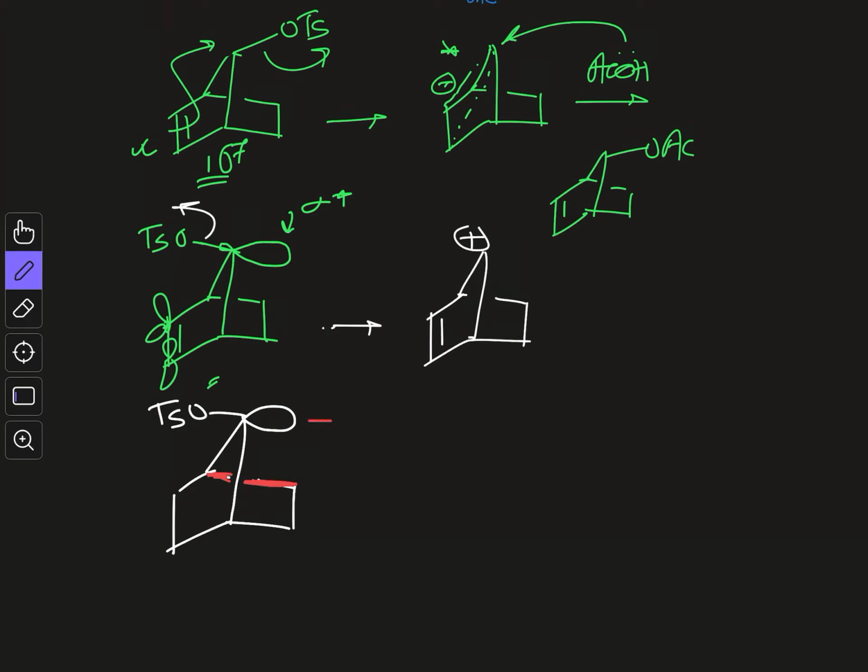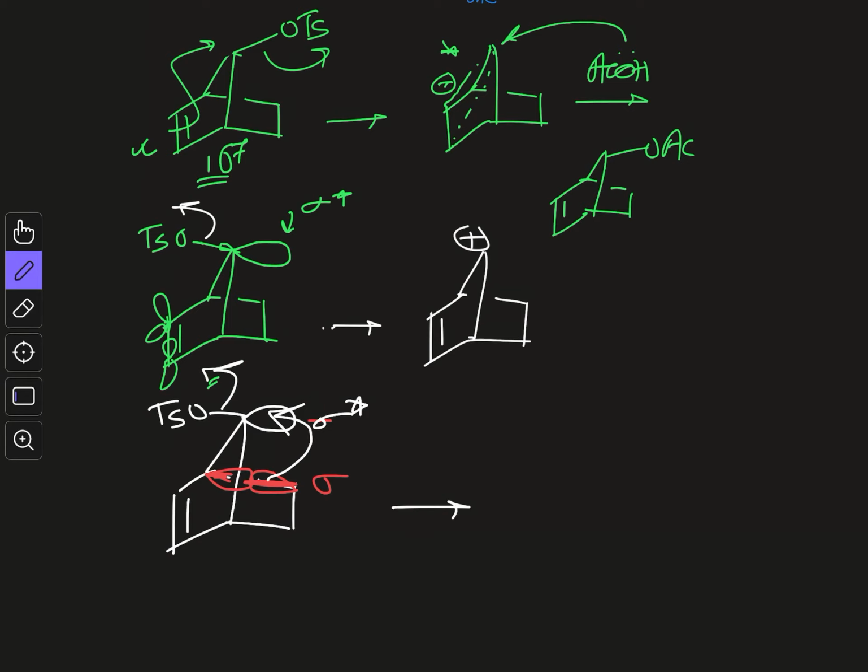So this sigma bond and this sigma star are parallel. So what can happen is this sigma can go here, so this is how an alkyl shift occurs, and this OTs will now go.